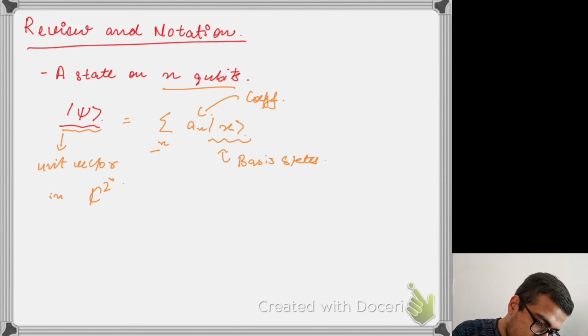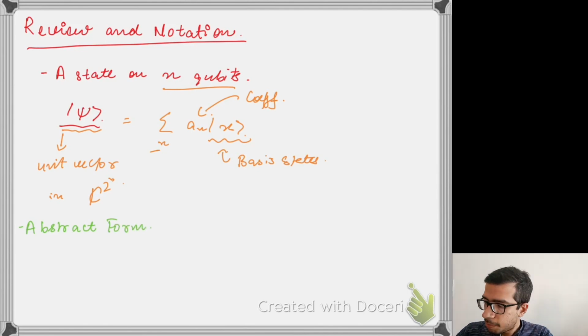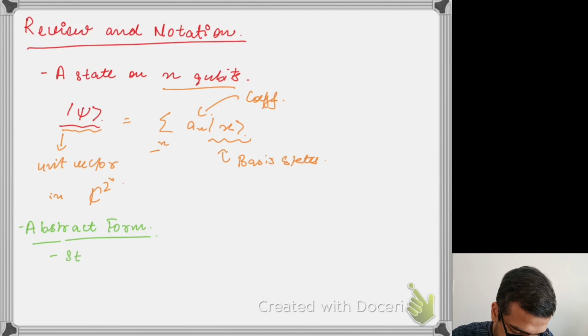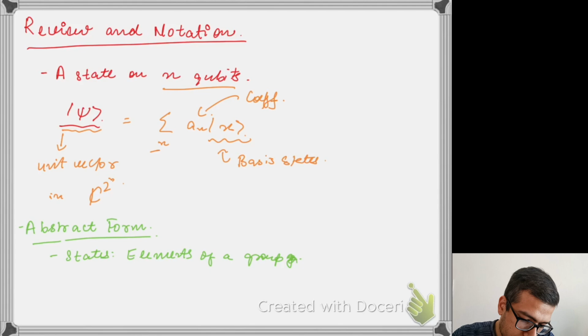In abstract form, the states may be represented by elements of a group G. These could be superpositions of elements from a group G, and we'll see where this makes sense.